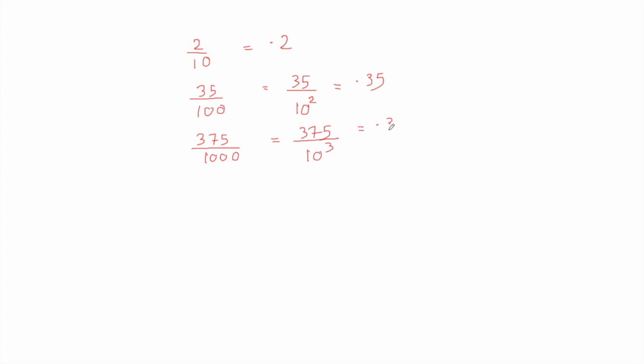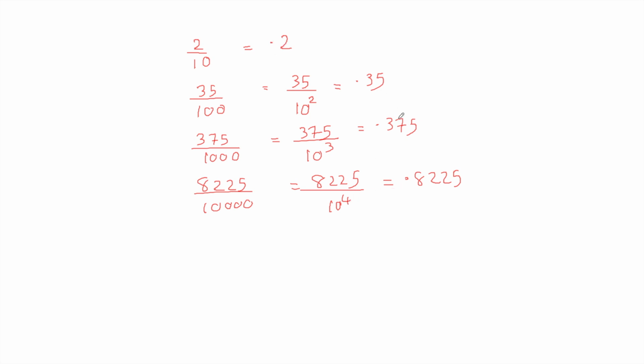This means 0.375. Again I am writing 8225 divided by 10,000. This one again I am rewriting as a power of 10. 0.8225.